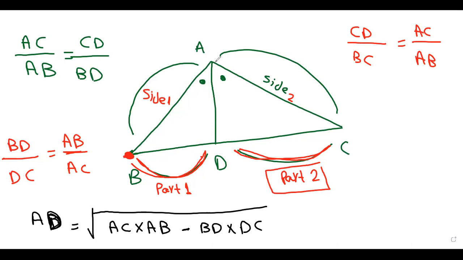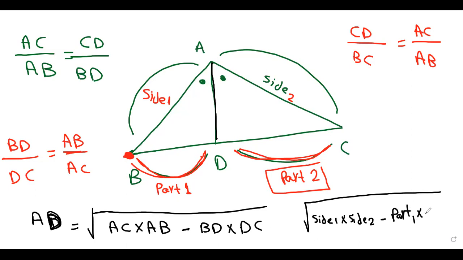So how can we find the length of the angle bisector? Just the square root of side 1 times side 2 minus part 1 times part 2.